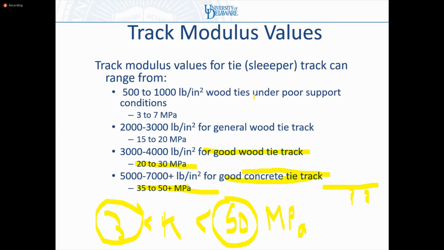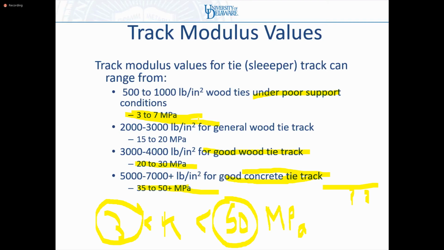Poor support conditions: if I have a lot of mud, if I have a swamp, if I have a peat bog, if I have really, really poor support conditions, my track modulus can be as low as 3 to 10 megapascals, 3 to 7 megapascals for that type of behavior.